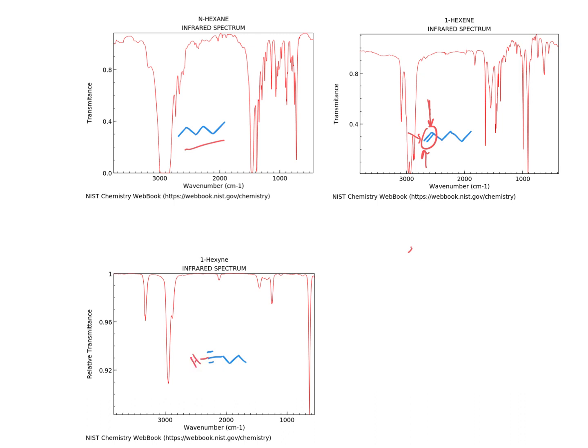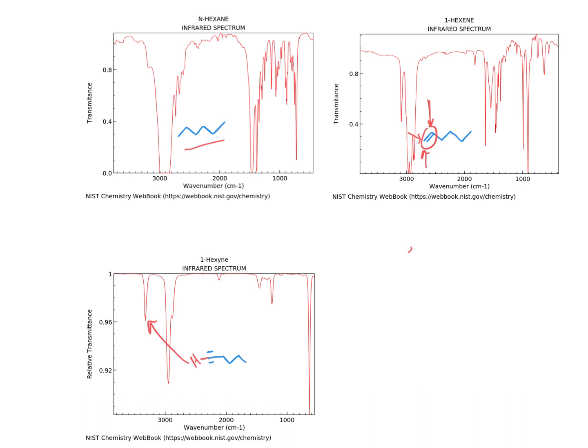So that's all we're looking at. So really and truly, that's a pretty decent size peak for just one CH stretch there. Sometimes with carbon-carbon double bonds or triple bonds, we also find peaks in other locations that you should pay attention to. But I don't see an extreme peak example of that in these instances.